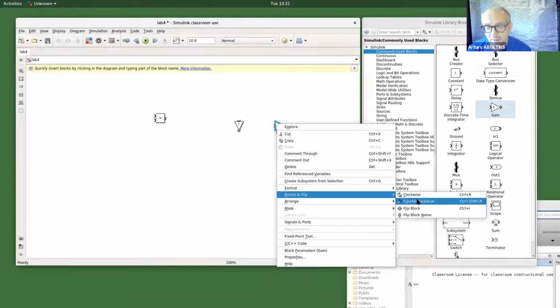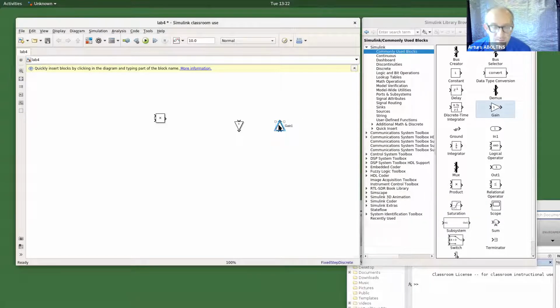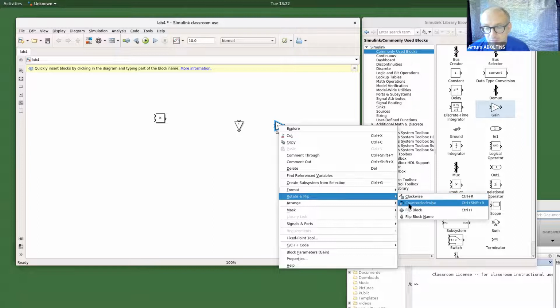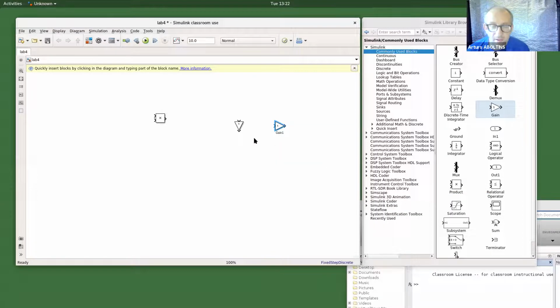Format, rotate clockwise. Okay, I rotated in the wrong direction. There is even a shortcut, Control R. So if I press Control R, it rotates.